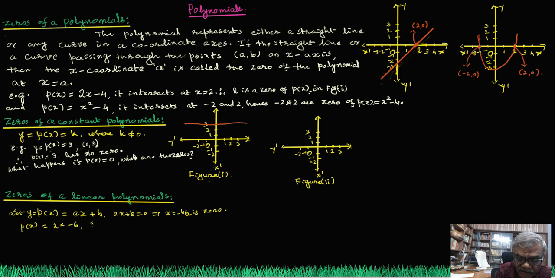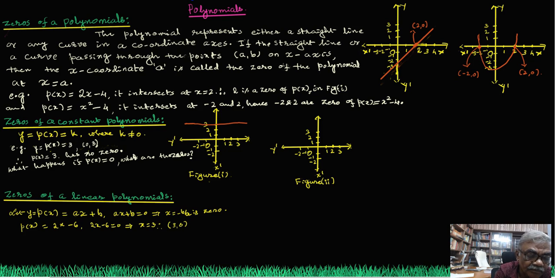Equating 2x minus 6 to 0 gives x is equal to 3, and hence it passes through the point (3, 0).